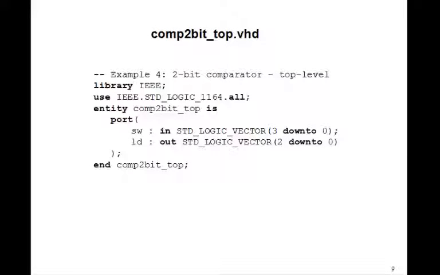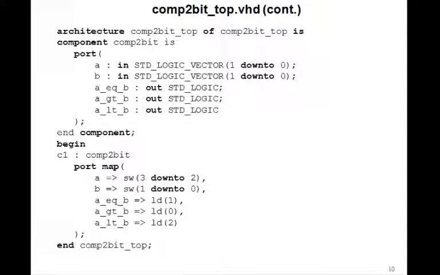Now, here's the top level design. We'll have 4 switches for the inputs, 3 down to 0, and 3 bits for the outputs to represent A less than B, A greater than B, and A equal B. Again, we have to put the component declaration between architecture and begin for comp 2-bit, and then we'll just port map the outputs to wire it up.